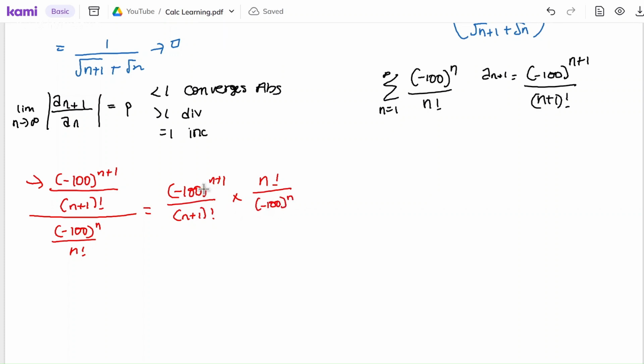And the trick with this is, remember how I told you, you can multiply this into this and this into that, and it's just negative 100 to both powers multiplied by each other. So it becomes negative 100 to the n power times negative 100 to the 1, which is just negative 100, and just negative 100 over n factorial.